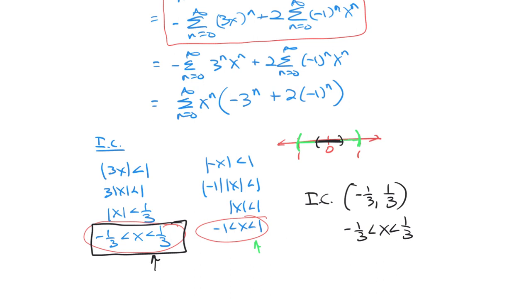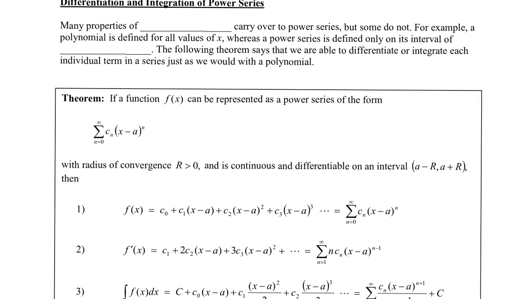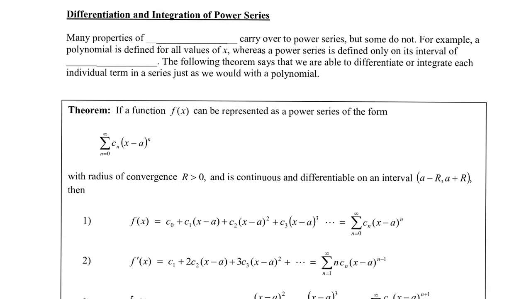Okay, so we've seen a couple examples, and now we come to the really important part, the thing that is going to make life easy for us for these power series. And it turns out it's term-by-term differentiation and term-by-term integration. Makes life really nice for us.